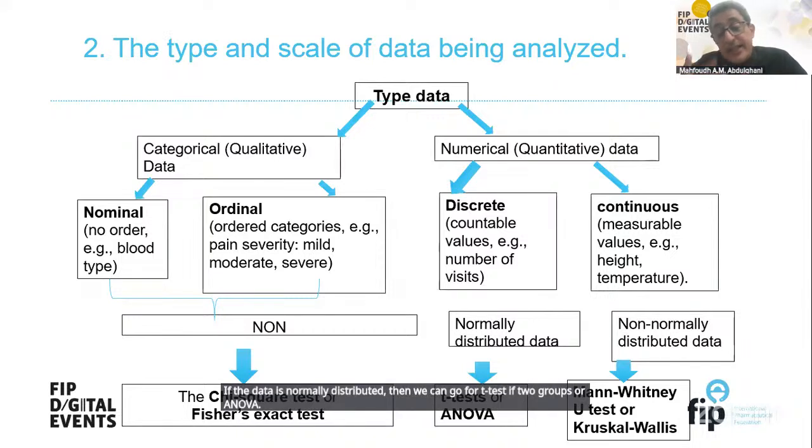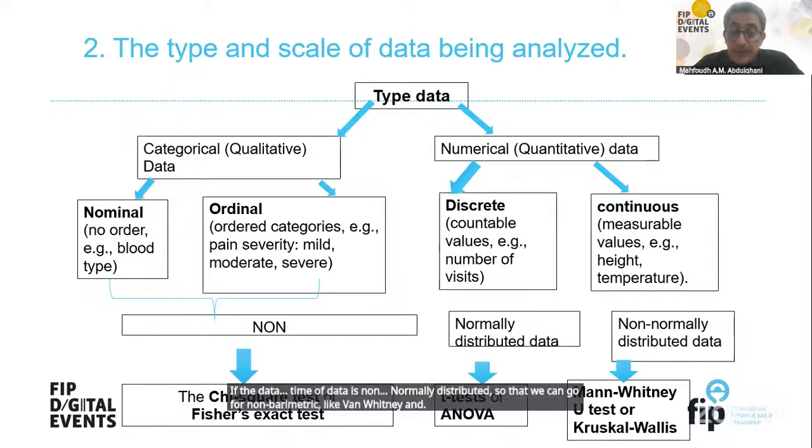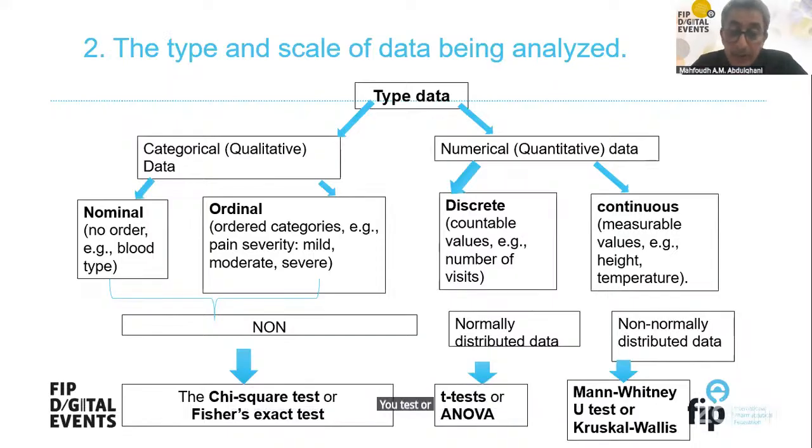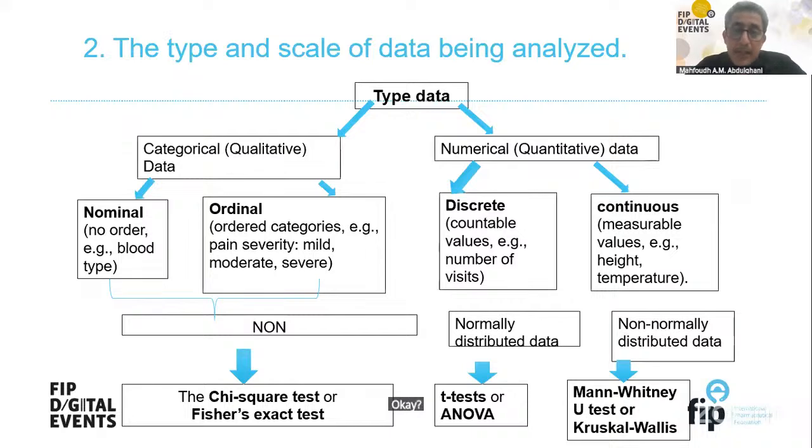If the data is non-normally distributed, we can go for non-parametric tests like the Mann-Whitney U test or Kruskal-Wallis. It depends on the number of groups. So this type of data gives you a beginning of the general test, or the approach of statistical test, that you can use. Okay, next slide, please.